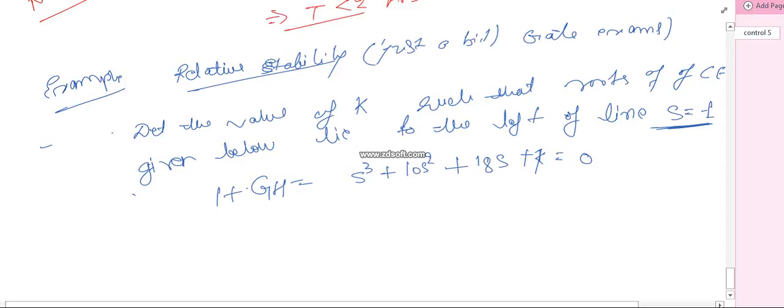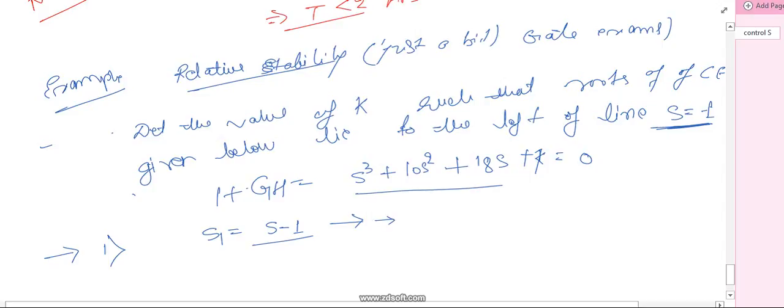Okay, now what we have to do here is, relatively, they have given, so s1 is equal to s minus 1, because to the left of line s is equal to -1, we have to check if the roots of the characteristic equation given here lie to the left of that one.